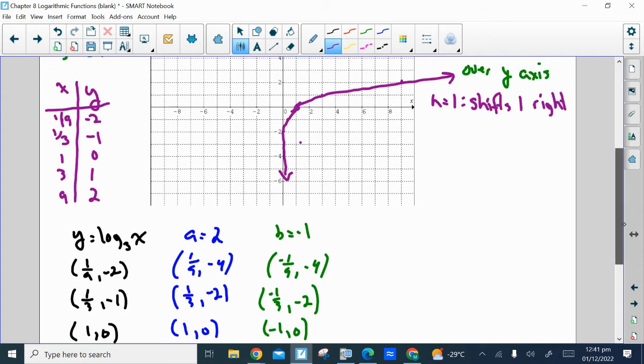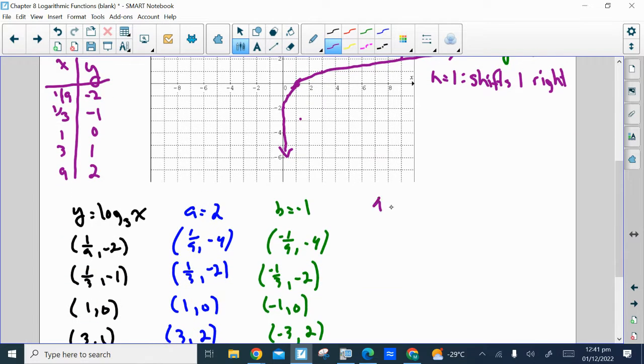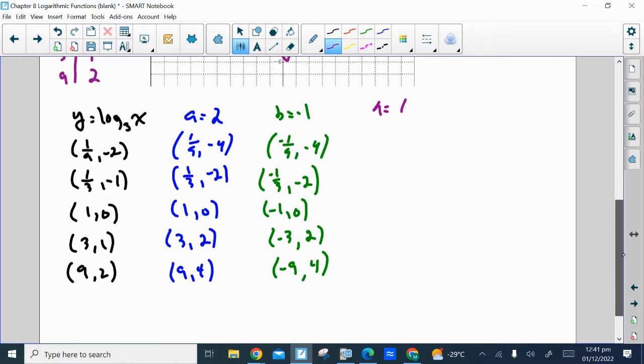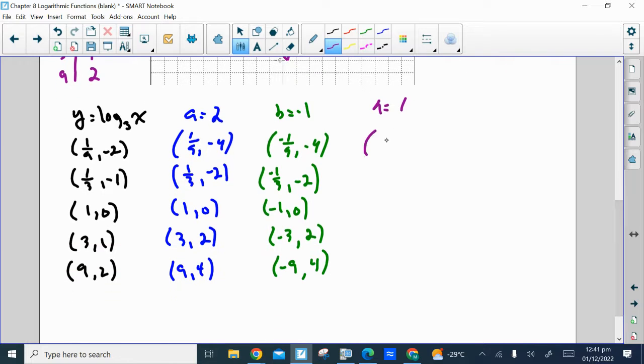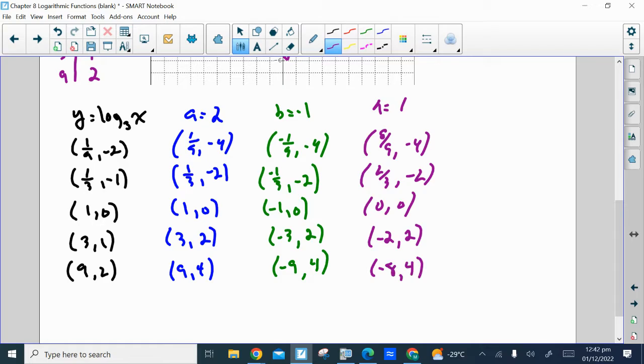And finally, an h value of 1 shifts the graph 1 to the right. So we add 1 to all the x values to shift it 1 to the right.